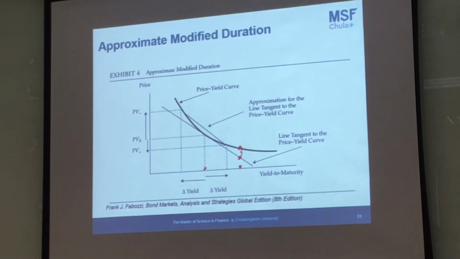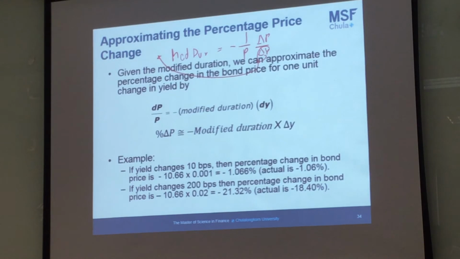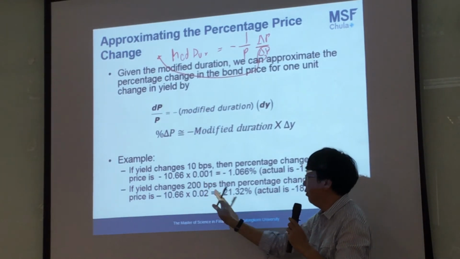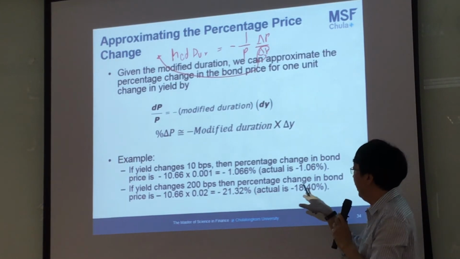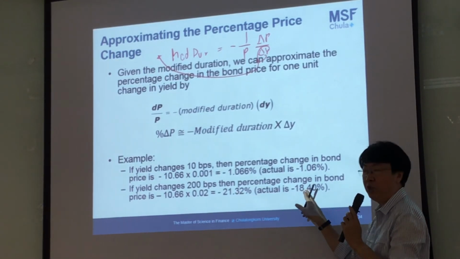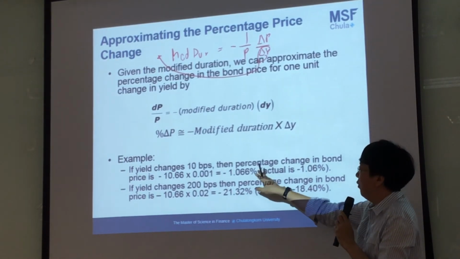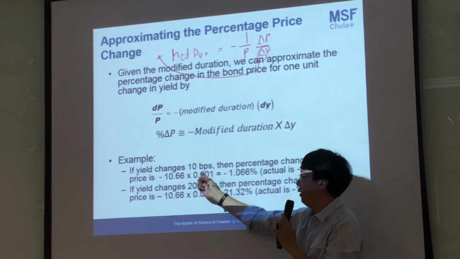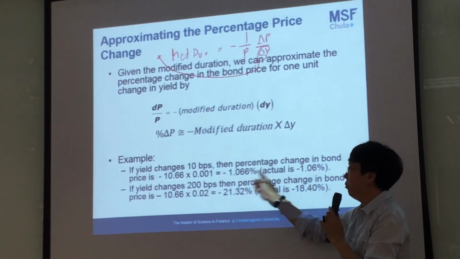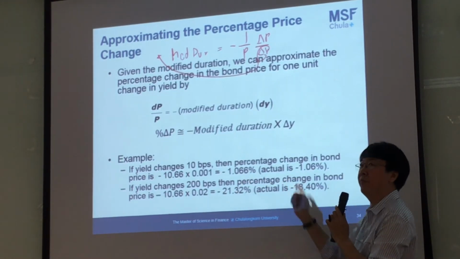As you can see from this example, when the yield changes 2% from the current yield, you see the difference: it's 21, and actually it's only 18. But when the change is small, like this, 10 basis points, only 1.1%, it's almost close, right?